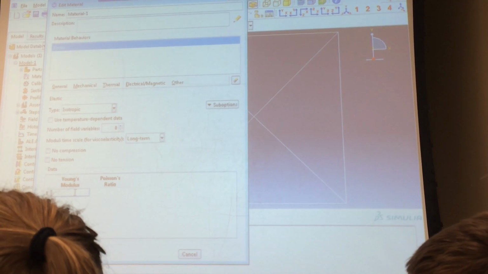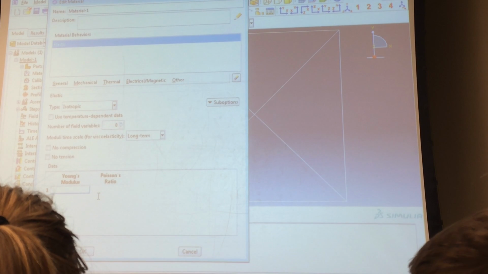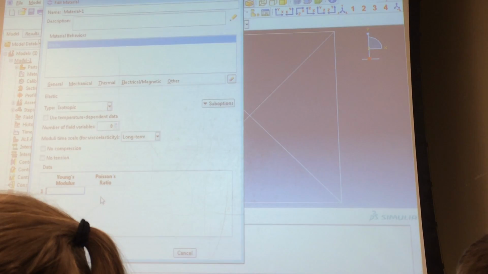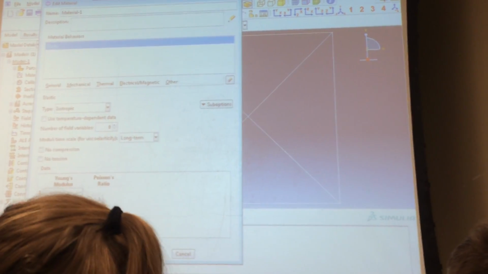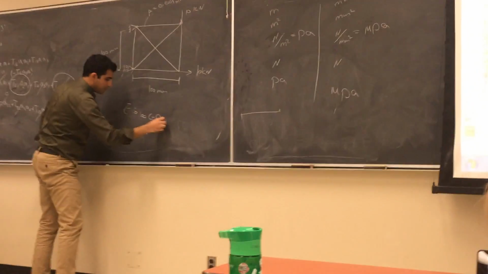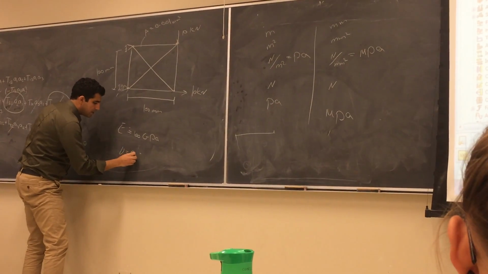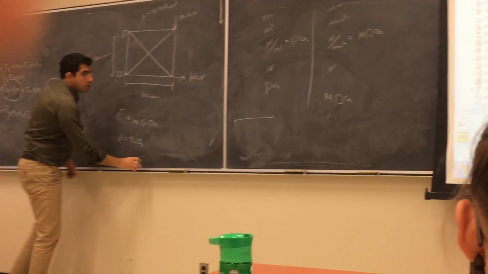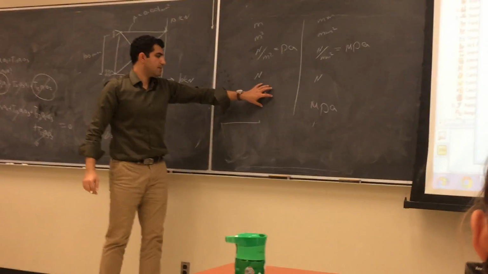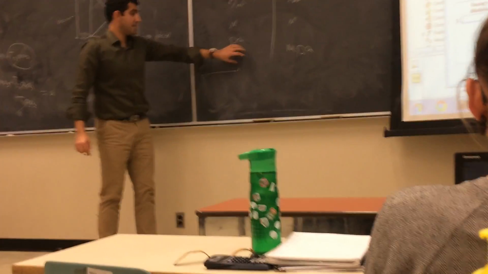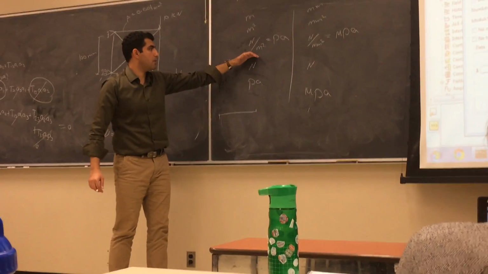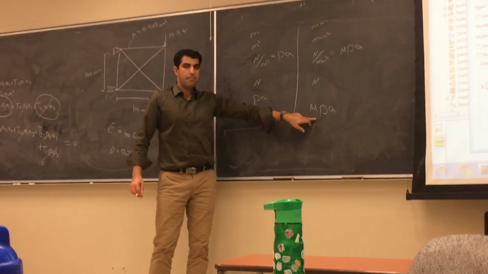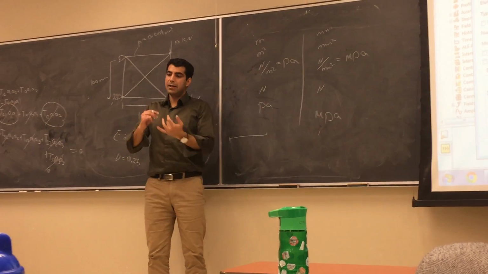So the Young's modulus, let's say the one I have in mind is 100 gigapascal, and the Poisson's ratio is 0.25. All the properties measured in Pascal, force divided by square length, have to be consistent.